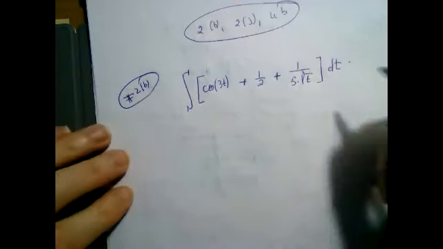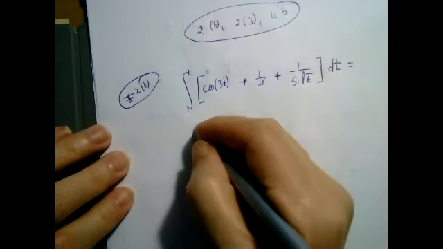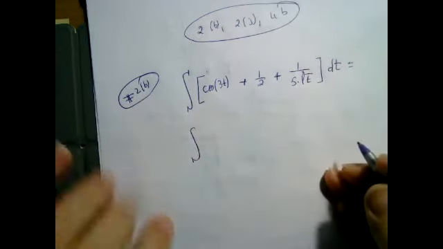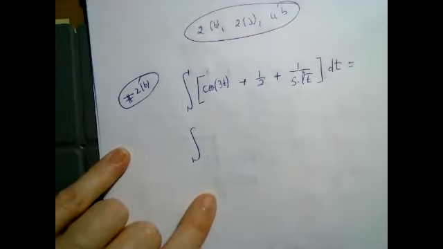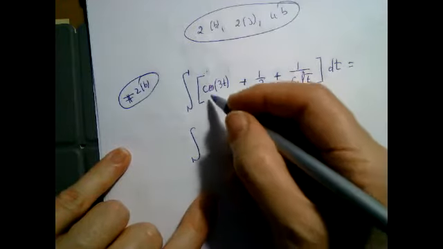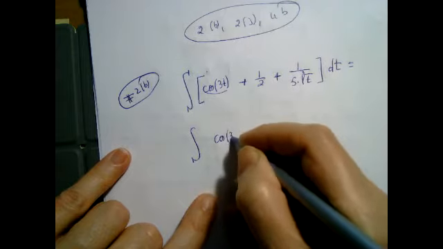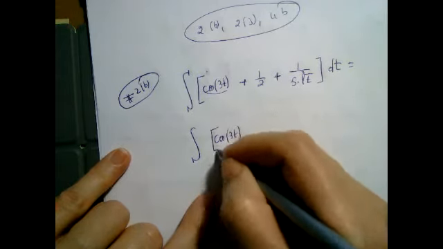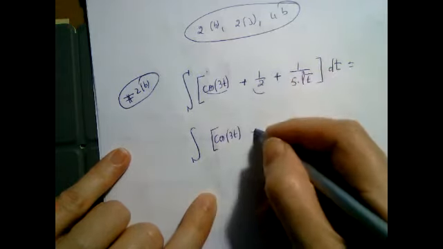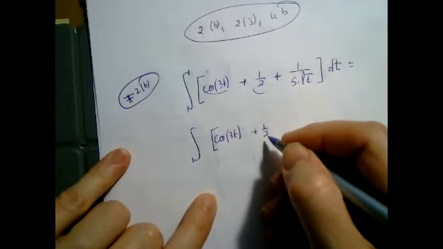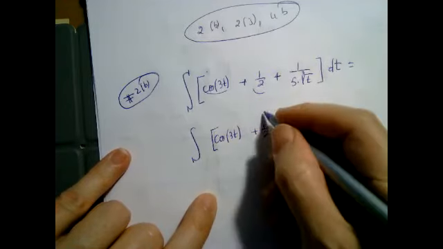So it's equal to the integral of. First I look at them and see what's easy, what's hard, and what to do. Cosine 3t, not very hard, not trivial either. A half is a constant, we don't have to worry about it. So actually, let me split them.